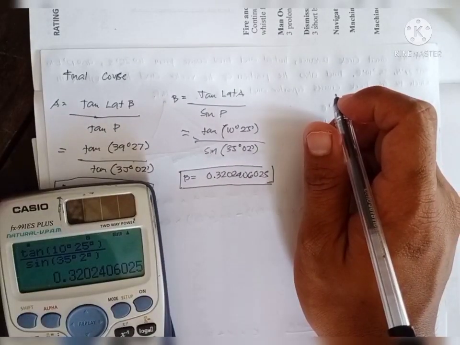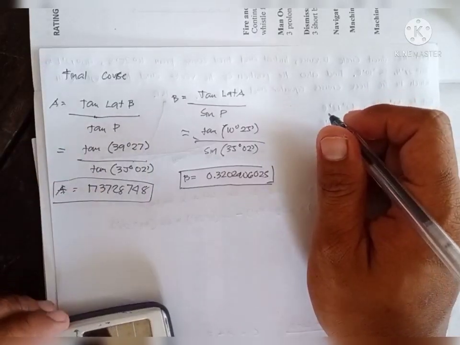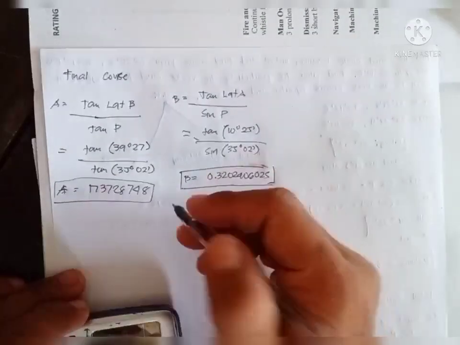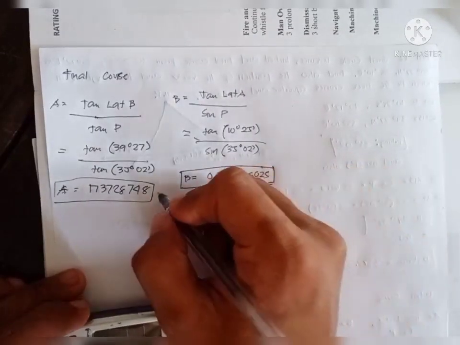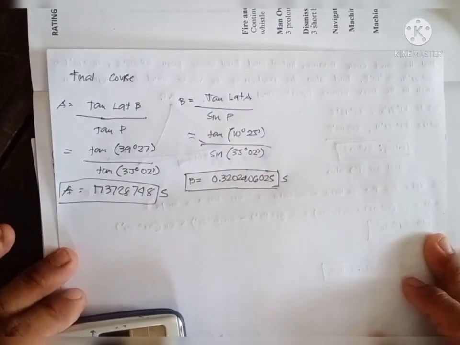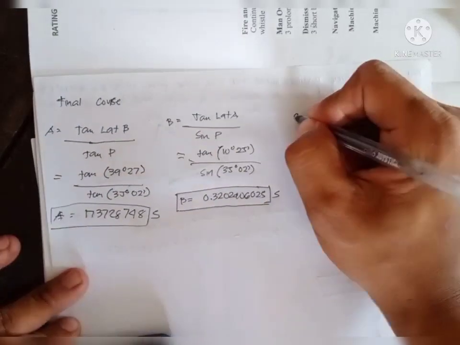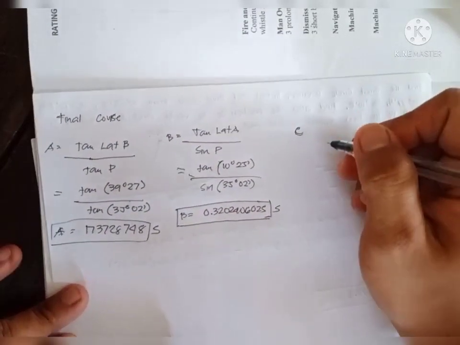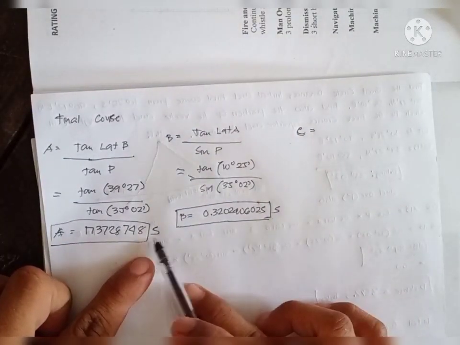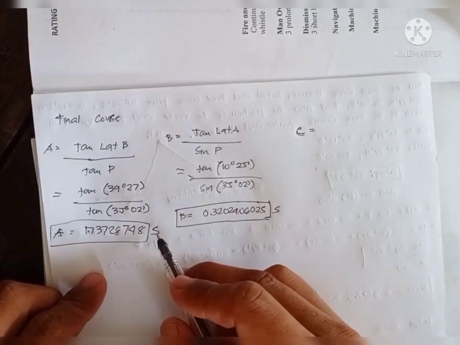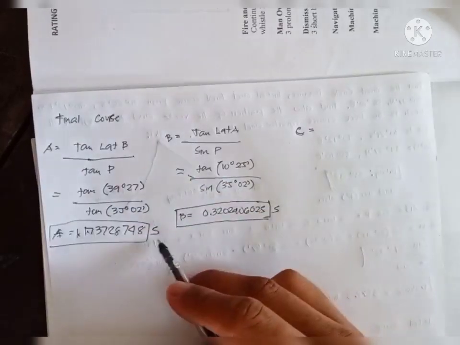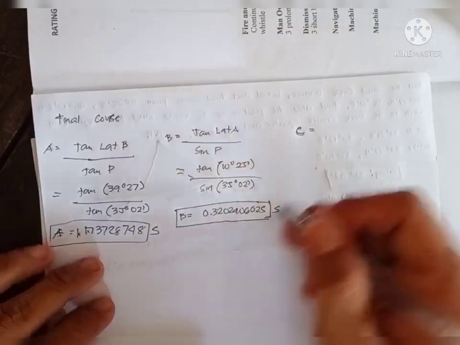To find the C, since I forgot the direction, this is south. So in order to find the C, we're going to add them since they both have the same direction, which is south.